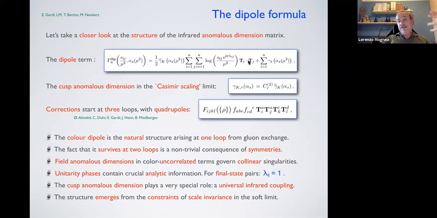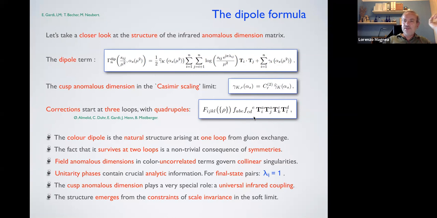The surprise is that it actually generalizes, and in a massless theory at 2 loops, this has no corrections. And you see that all orders are here because this gamma K in front is the cusp anomalous dimension with the Casimir factored out. And these are just field anomalous dimensions that are responsible for collinear divergences. And as I said, this is everything.